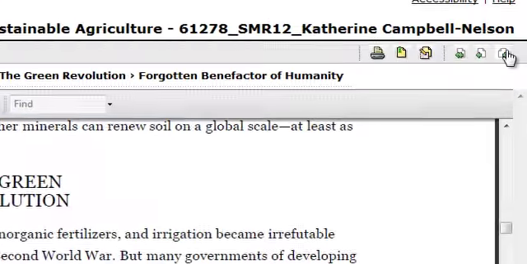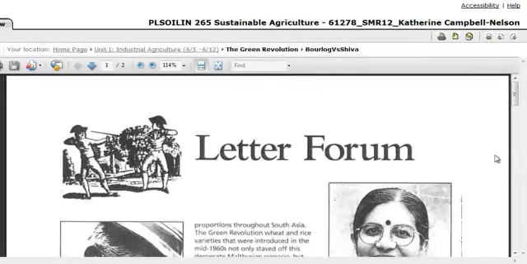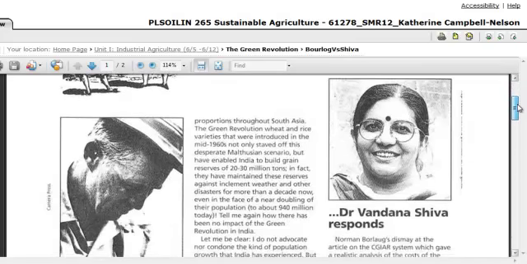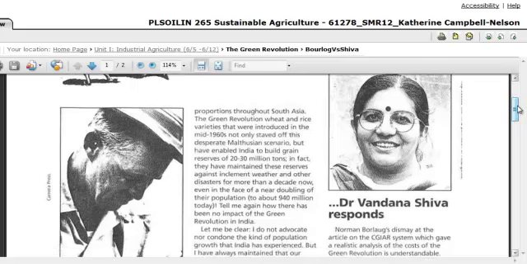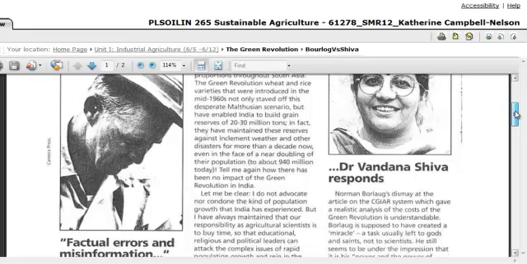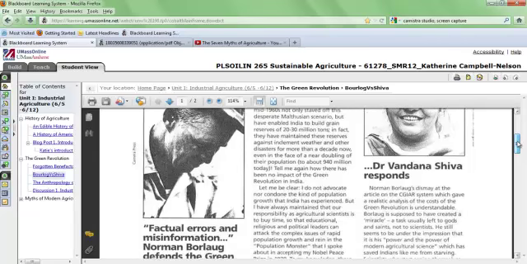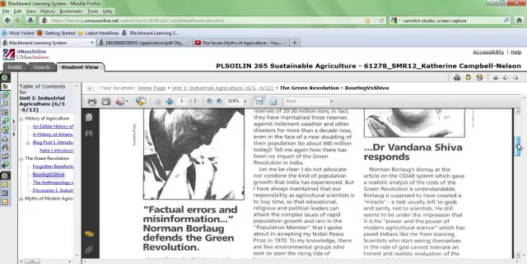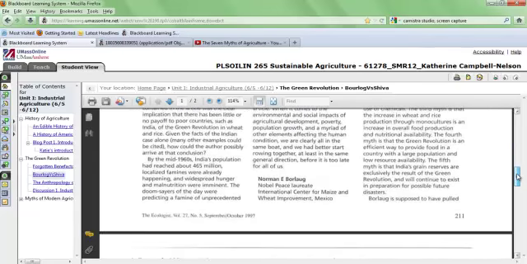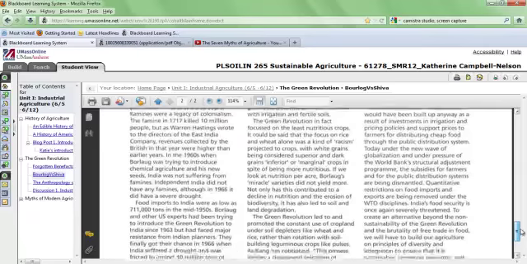However, there are certain groups and perspectives that disagree with this point of view, one of them being Dr. Vandana Shiva, who is a physicist from India, and her perspective is that this type of agriculture that is encouraging industrialization takes away the sovereign rights of indigenous peoples, and in the long run doesn't help farmers actually sustain a living.